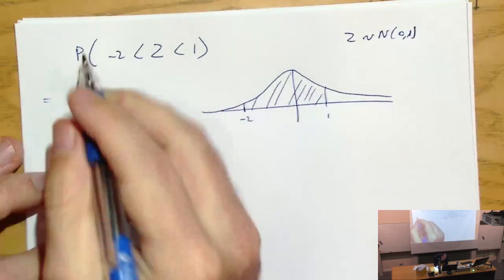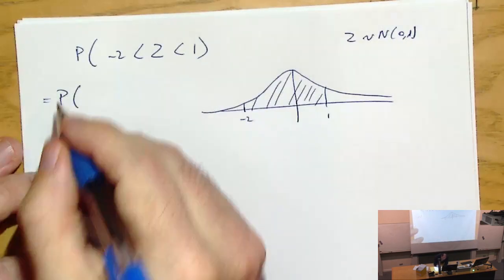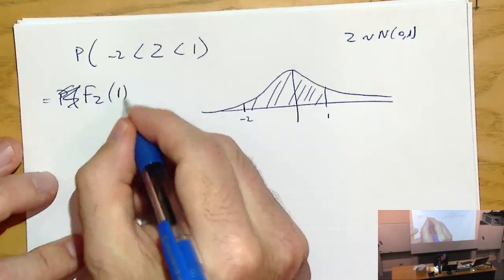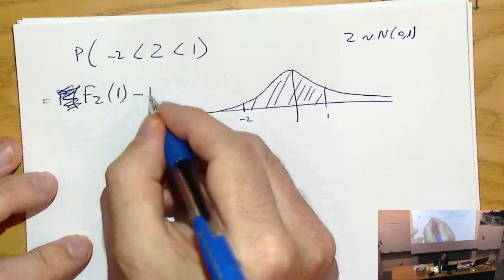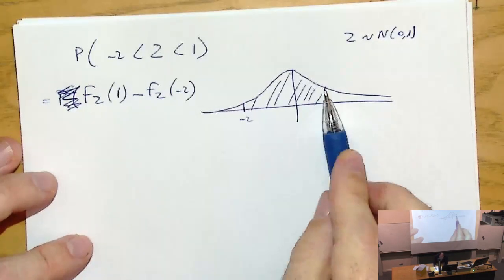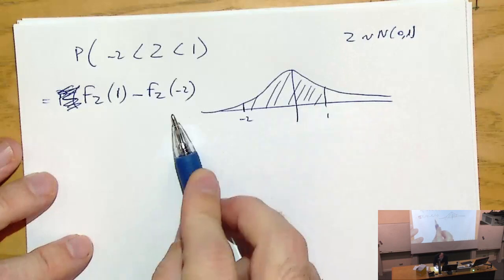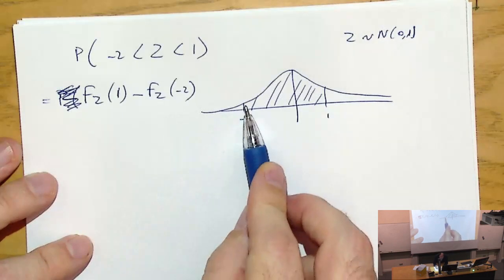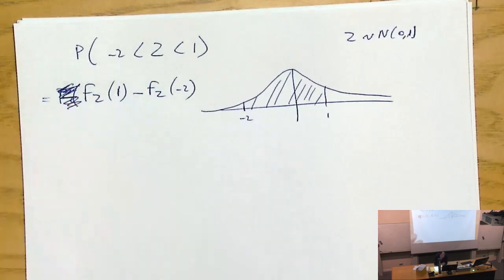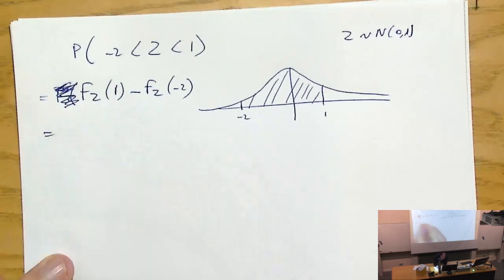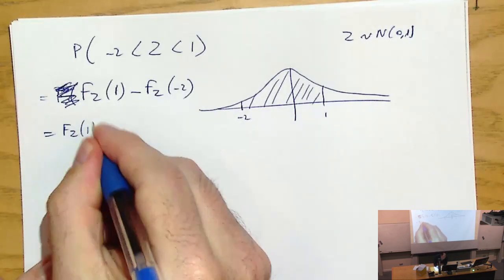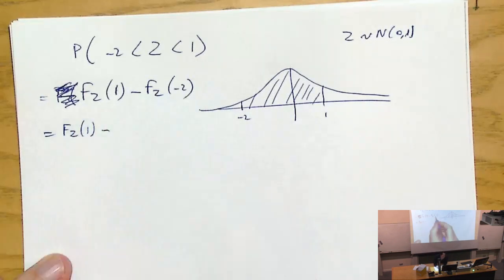So this is the CDF of Z at 1 minus the CDF of Z at minus 2. So what I'm looking at is the CDF of Z at 1, all this, minus the CDF at minus 2, this, simply. Right? So this is simple. What you do here, F_Z of 1, you can find it there. So this is F_Z of 1 minus F_Z of minus 2.